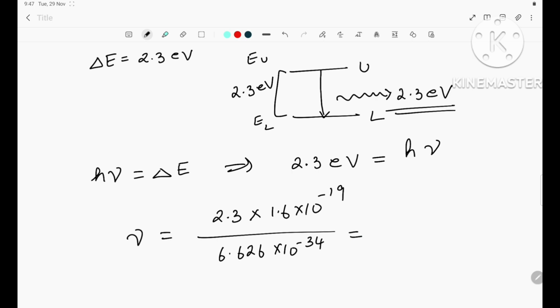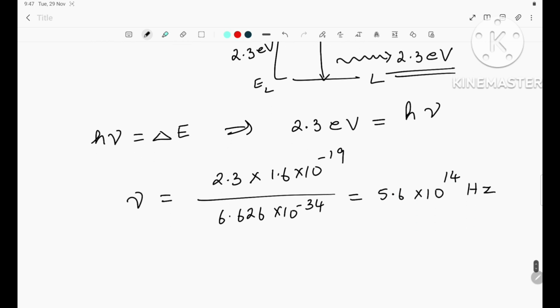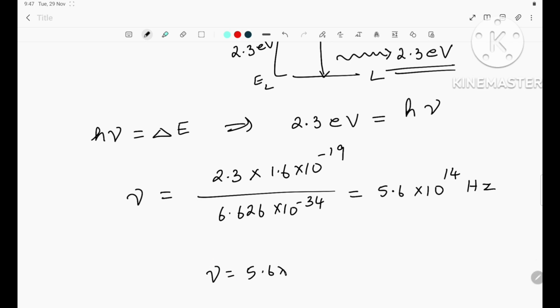When you do this calculation you will get the answer as 5.6 into 10 to the power of 14 hertz. So this will be your frequency.